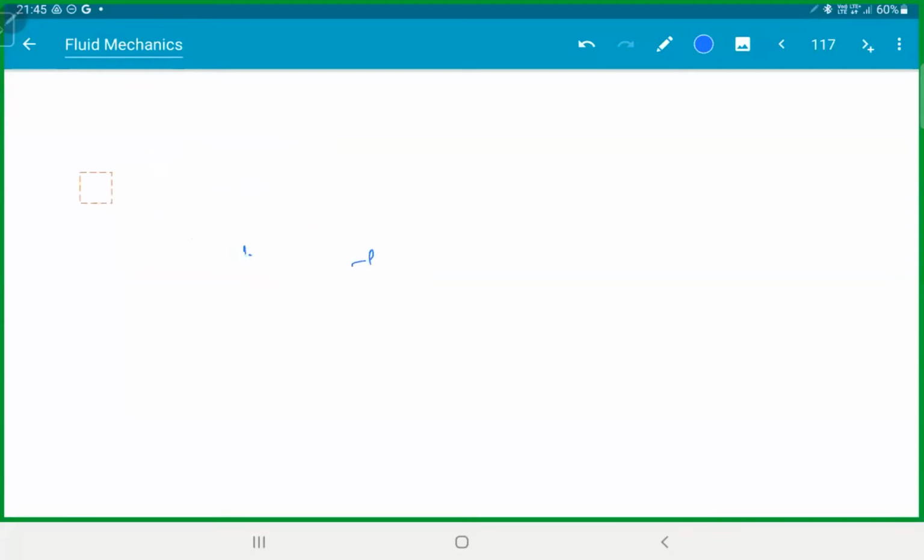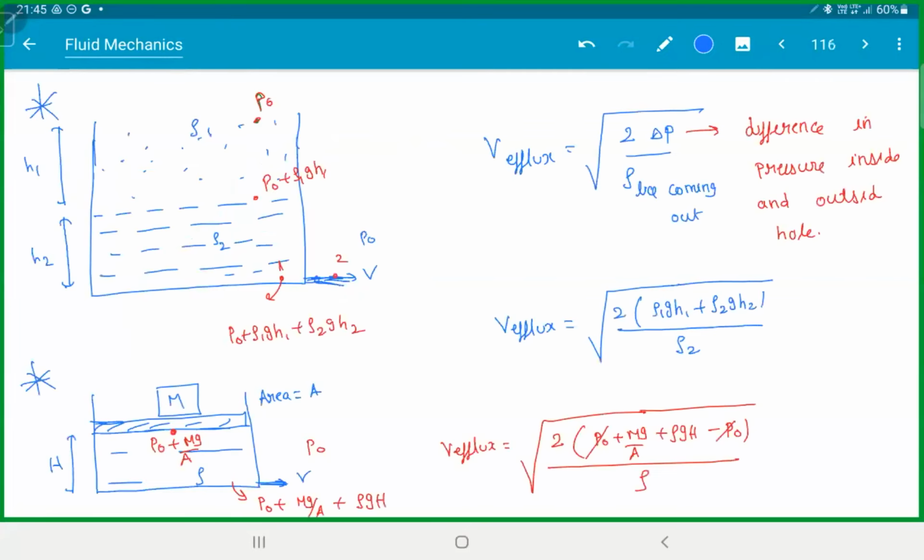Are you getting this logic, everyone? Do check it out. This is a pretty good result actually. 2 delta P by rho. Doesn't matter whether you put multiple liquids, you put a block on top of it, you keep increasing atmospheric pressure, do anything you want. That thing works. Please look at the steps.